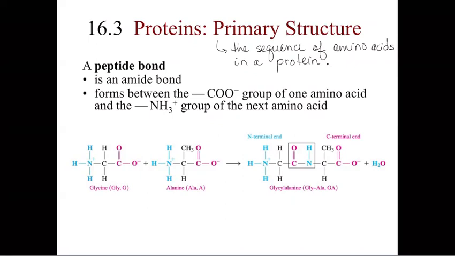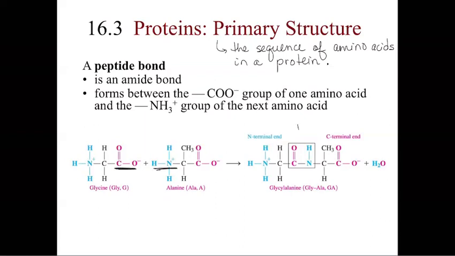In chapter 17, we're going to actually see the different machinery that is utilized inside the cell to accomplish this amidation reaction. But for now, when you have 2 different amino acids coming together, all what we're doing with it is that we are linking the carboxylate side of one amino acid with the amino of the other, okay?